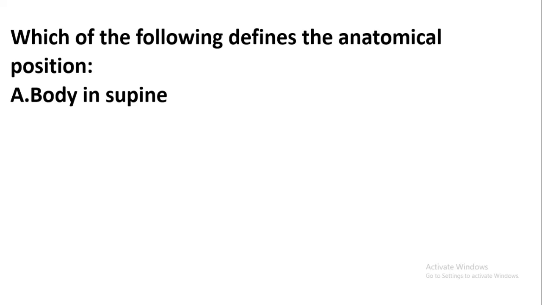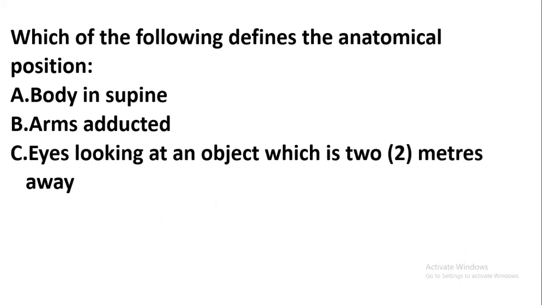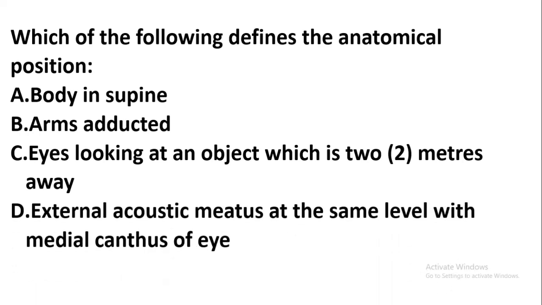Why? Because the body is not erect. The other one is arms abducted, which means the arms have been moved away, which is also not anatomic position. But the third one is the best answer, because this one is in line with the rules that govern anatomic position.